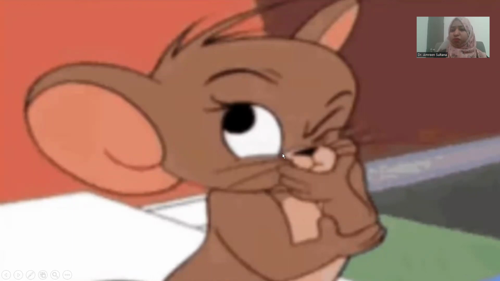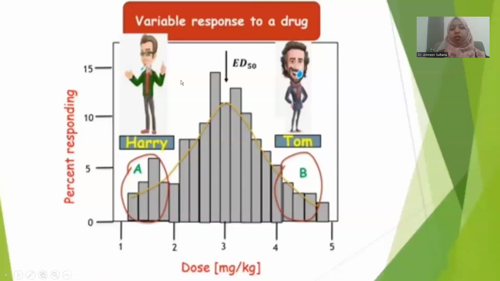Why are there so many changes between the three patients after giving the same drug, the same dose, and the same regimen to patients suffering from the same disease, hypertension? You need to identify what the difference is between the three patients. You can identify it based on the variable response to a drug.